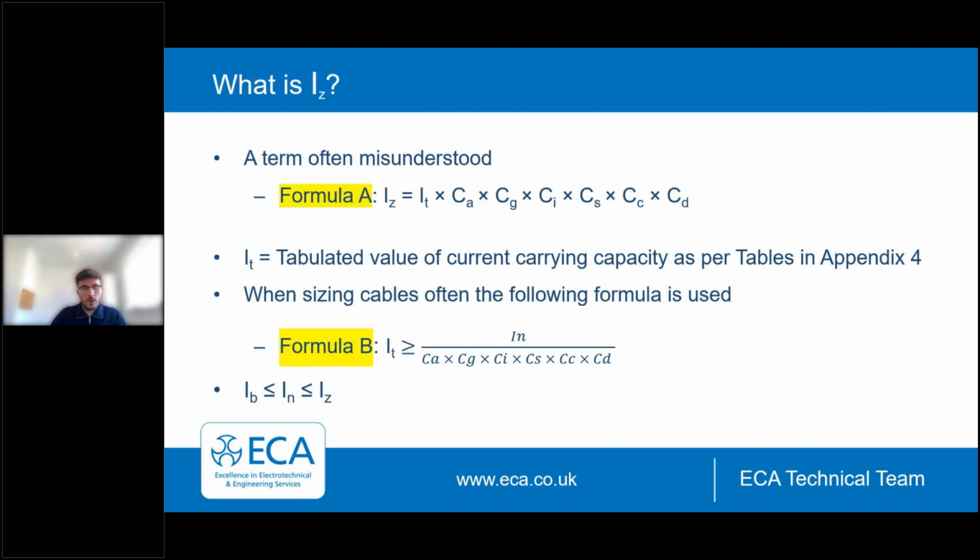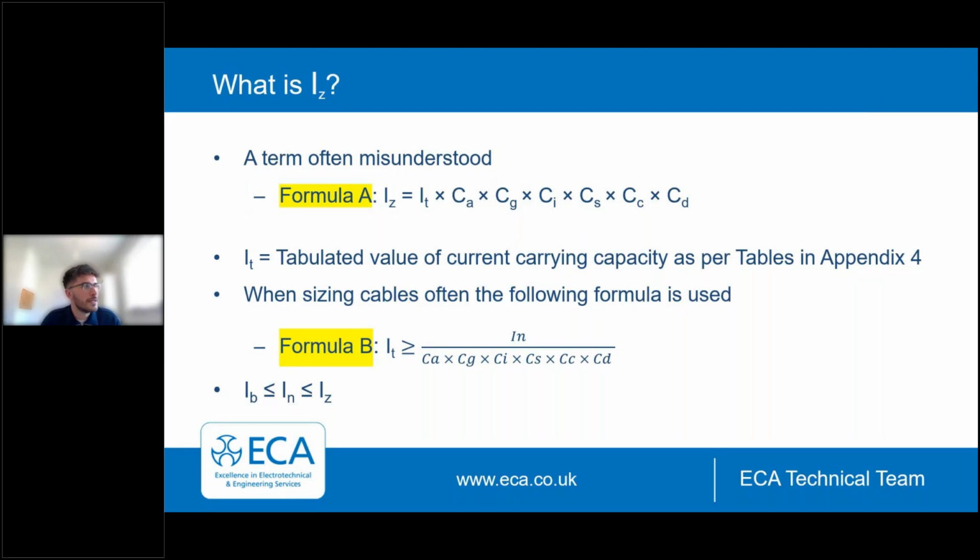Now, I want to drill down a little bit deeper onto the term IZ, because it's often a term that is misunderstood within industry. I did just have the definition up on screen, which told us it's the current carrying capacity of the cable for continuous service under the particular installation conditions concerned.